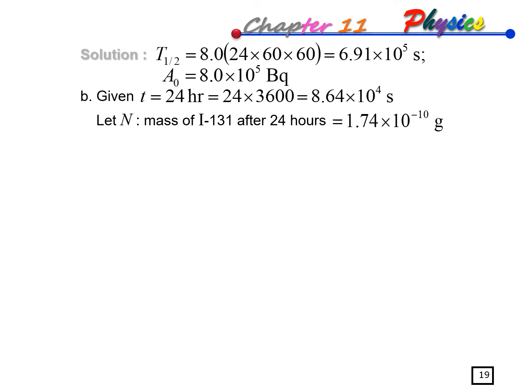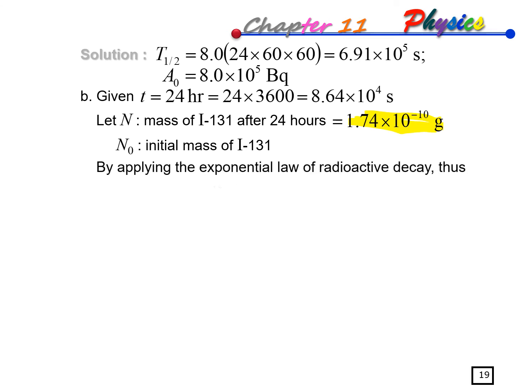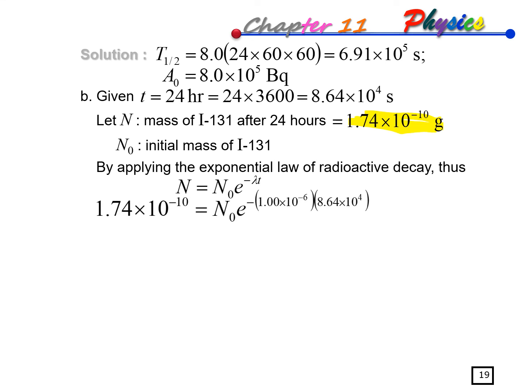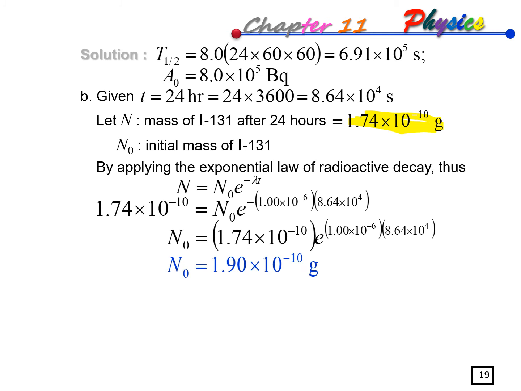Let's say after 24 hours the mass becomes the value you calculated in question A. Now we want to determine the initial mass, so we can use the exponential law: final mass, decay constant and time period given, determine the initial number of atoms, or the mass. The final value we end up with is 1.90 times 10 to the power of negative 10 gram.